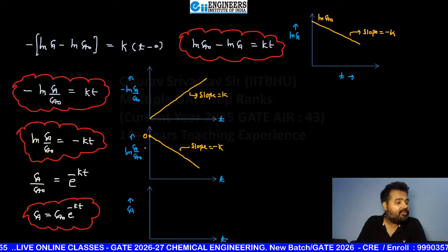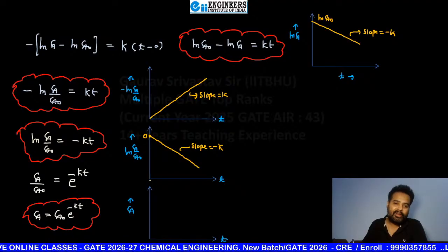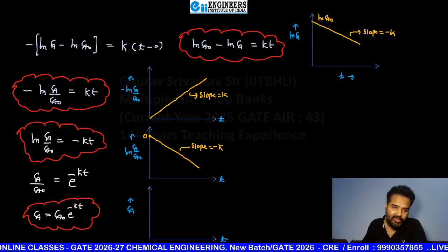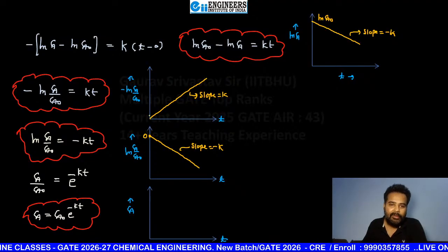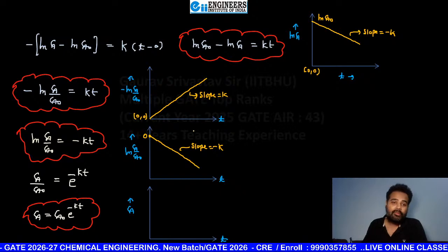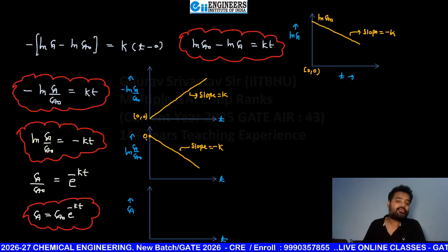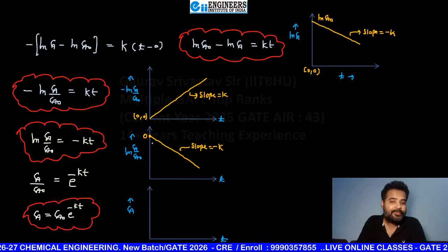Are you getting my words? समझ पा रहे हो बेटा? That here 0 is not the origin, 0 is here, and in the above case this is your 0 0. In this case also this is your 0 0, but here in this case this is your 0 on y axis.